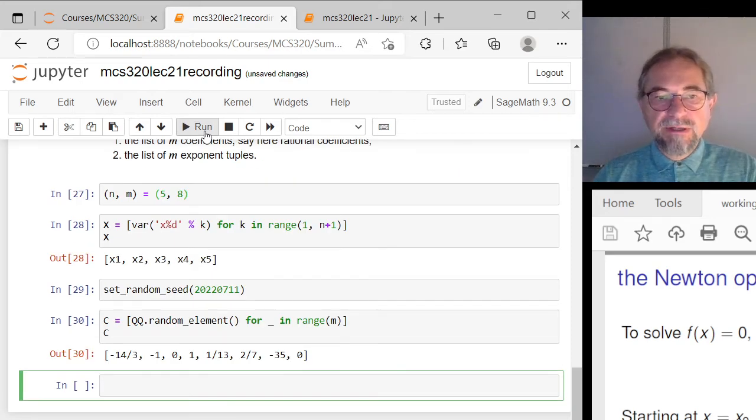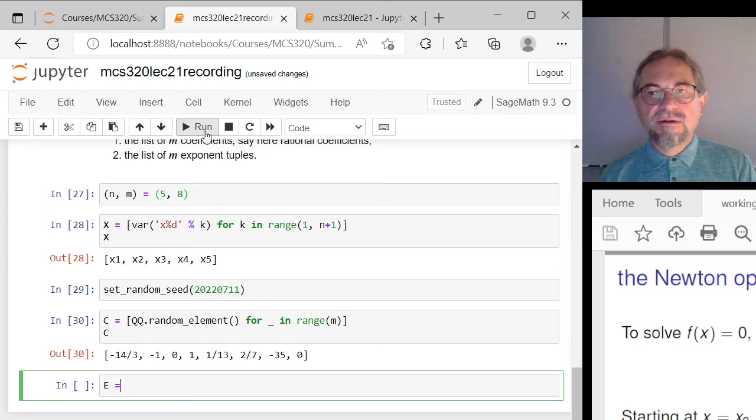So here we see the coefficients, random rational numbers. The exponent vectors are made in a very similar fashion. I want lists of tuples, so there are list comprehensions, there are no tuple comprehensions.